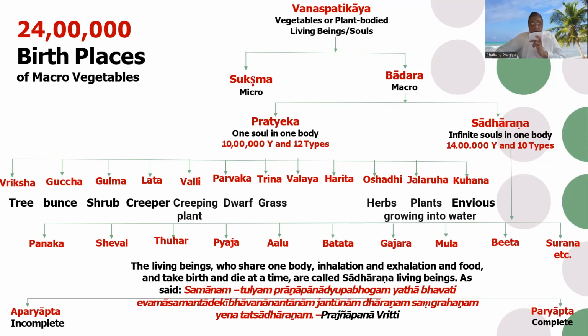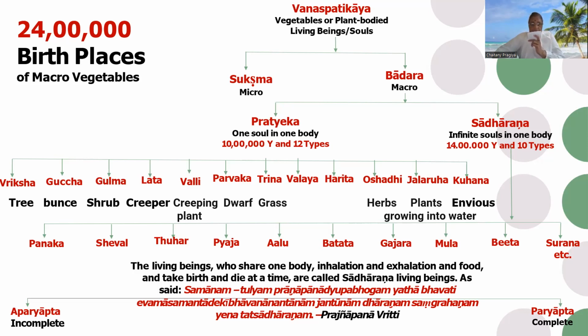Jalruha, those plants which are growing in water, they are known as Jalruha, and Kuhan is envious plants. So in this way, you can find that there are 12 types of plants under the first category, which is known as Pratyek among the macro plant-bodied living beings.